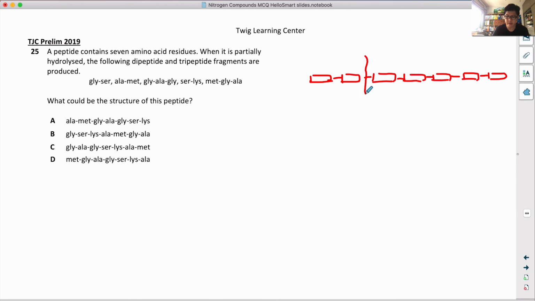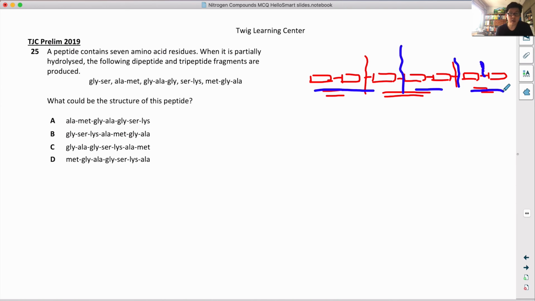So if you break here and you break here, you probably can form a dipeptide and a tripeptide, a dipeptide. Or you can break other places. Maybe you break here, so you get a tripeptide here, and maybe you break here, you get a dipeptide. They give you all these, so maybe this is probably how I would do this question.